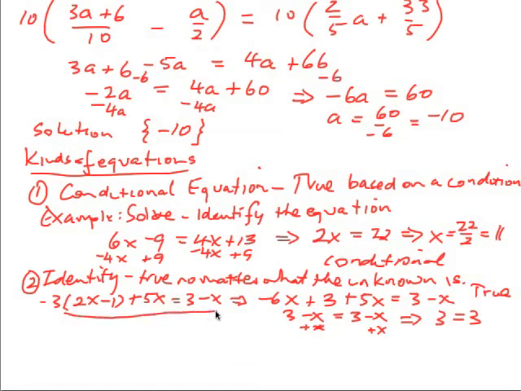This is true all the time, no matter what x is, and so this would be an identity. In other words, this particular equation is true regardless of what x turns out to be, because we end up with a result like 3 is equal to 3, which we know is always true, and it has absolutely nothing to do with the value of x. The third type is what we call a contradiction.